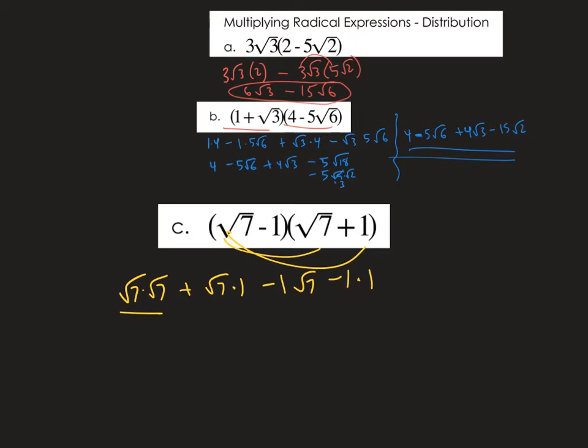This gives us rad 49, which is just 7. Plus 1 times rad 7 is just rad 7. Minus 1 rad 7 minus 1. And although we haven't formally covered it, my guess is that a positive rad 7 and a negative rad 7 cancel each other out, and 7 minus 1 is 6. Finito. That's all you got for now.